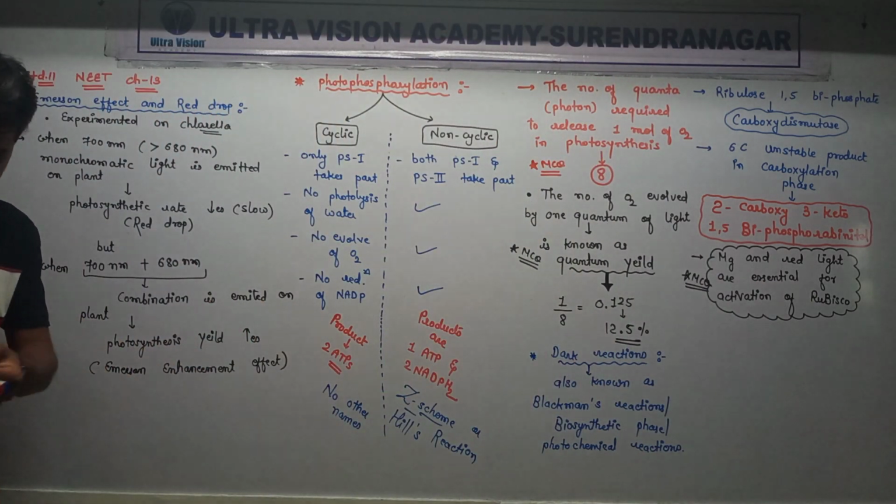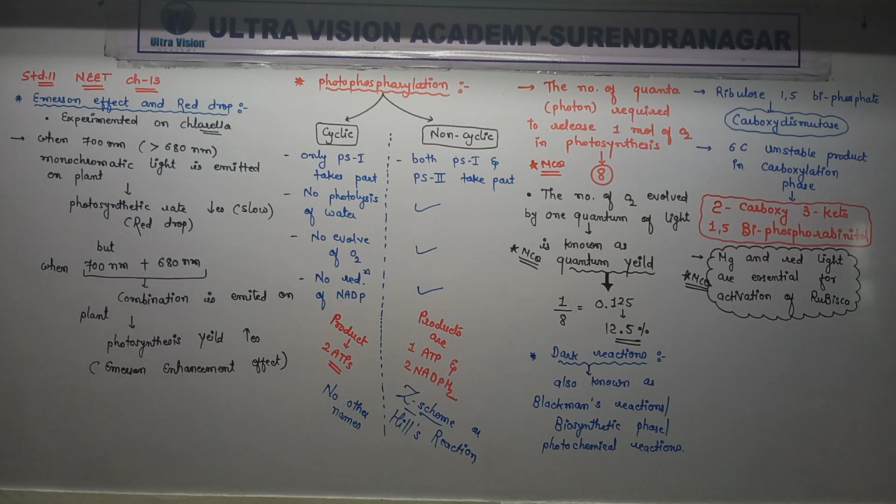Magnesium and red light are very, very essential for activation of the Rubisco.